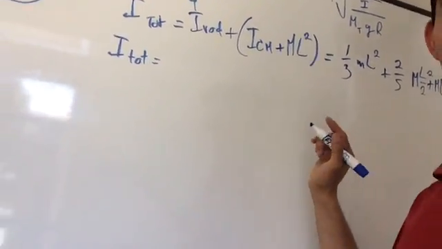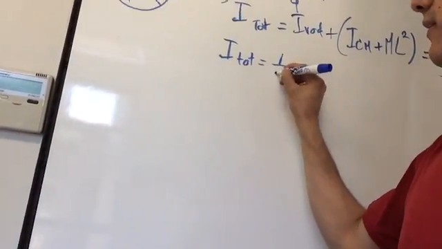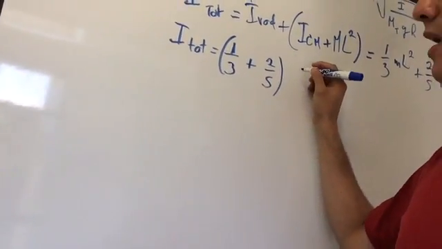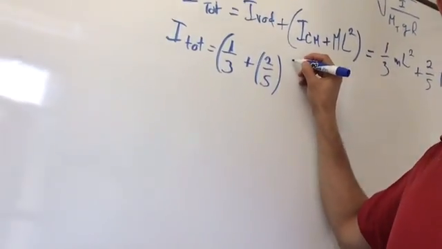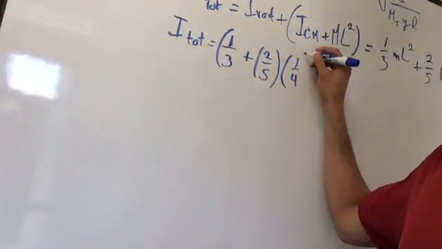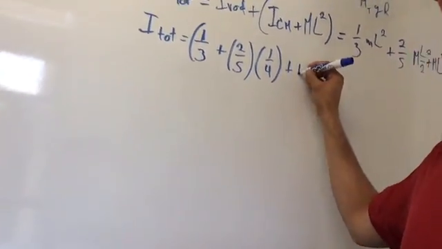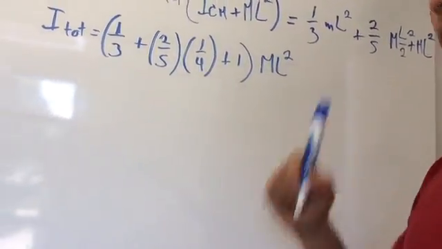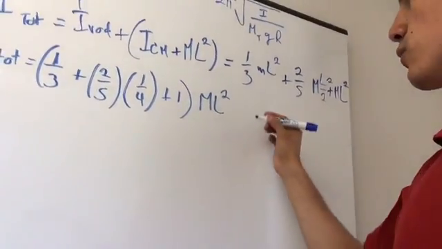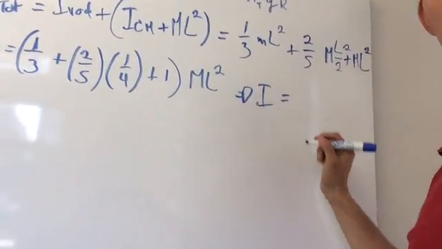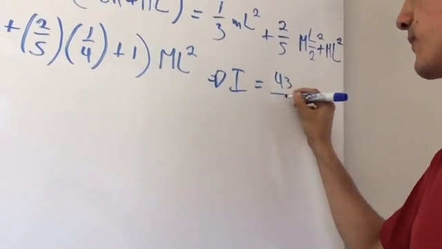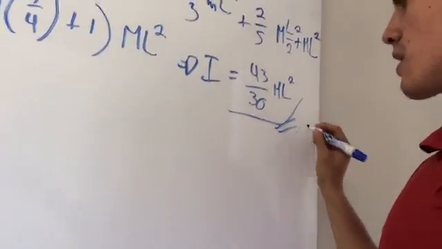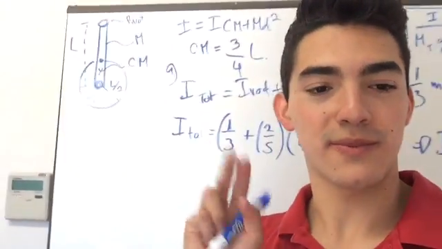By solving this, we obtain that the inertia is 1/3 plus 2/5 times 1/4, plus 1, times the mass times the length squared. And we finally obtain that the inertia is equal to 43/30 m L squared.